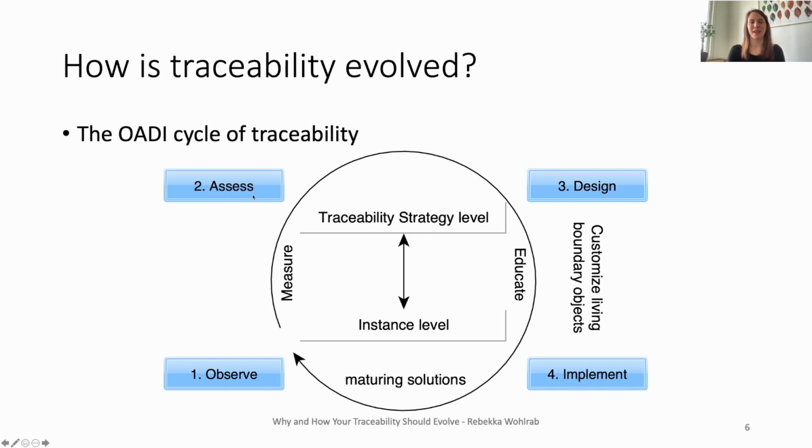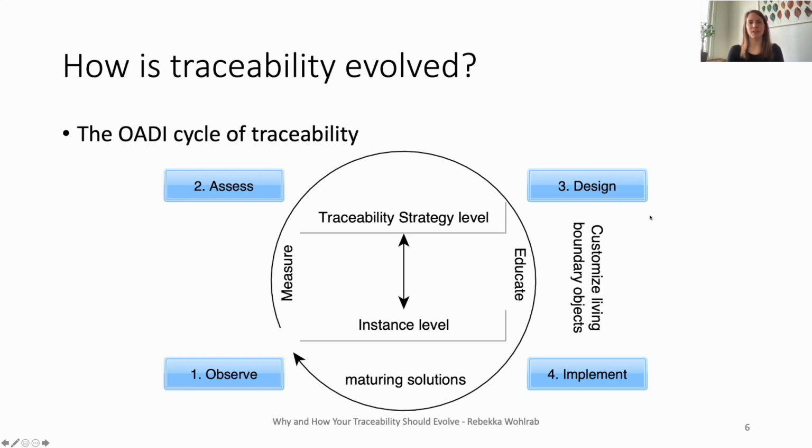Then this is assessed based on data quality criteria, like consistency and completeness, are all trace links in place that should be in place, but also validity, do all instances conform to the information model, and aspects related to versioning. Then these points are assessed and measured, and it is identified what should be changed in the traceability strategy, but also in the instances.